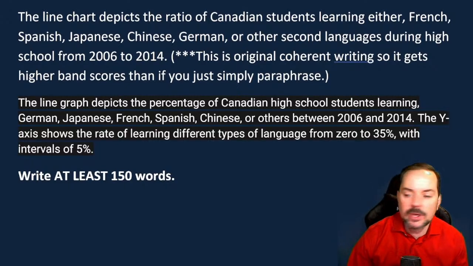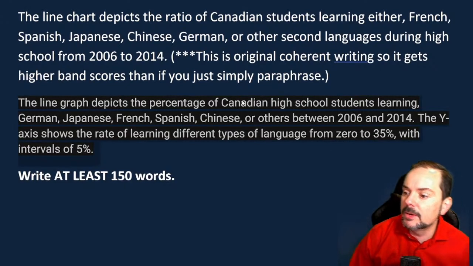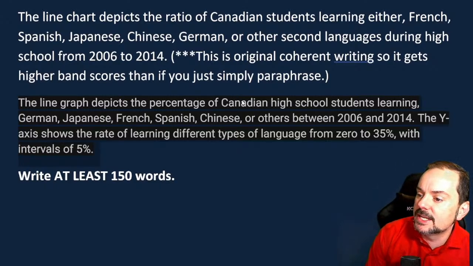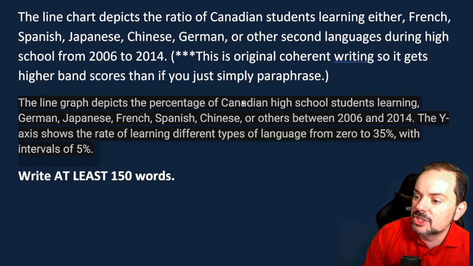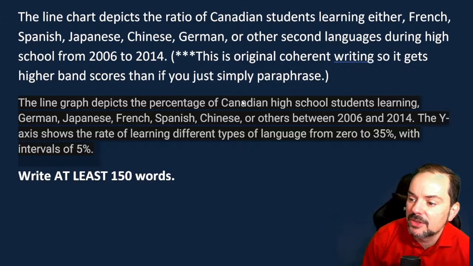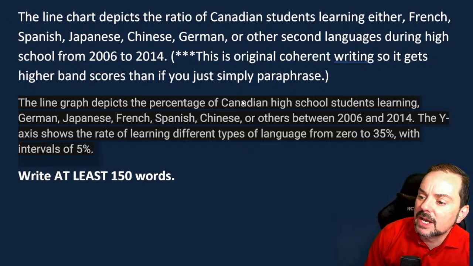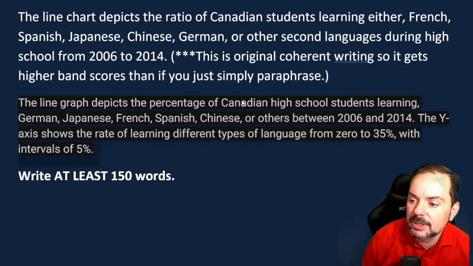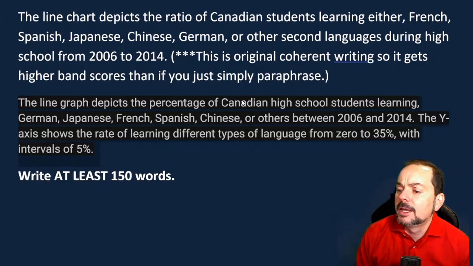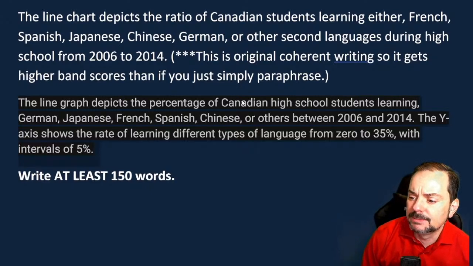Okay, so Sanjay says, the line chart compares the changes of pupils learning second language, French, Spanish, Japanese, Chinese, and other, German, in Canada, ranging from 5 to 30% over a period of 9 years. It's over a period of 8 years, I think, Sanjay, but that's splitting hairs. Careful with your comma use, Sanjay.